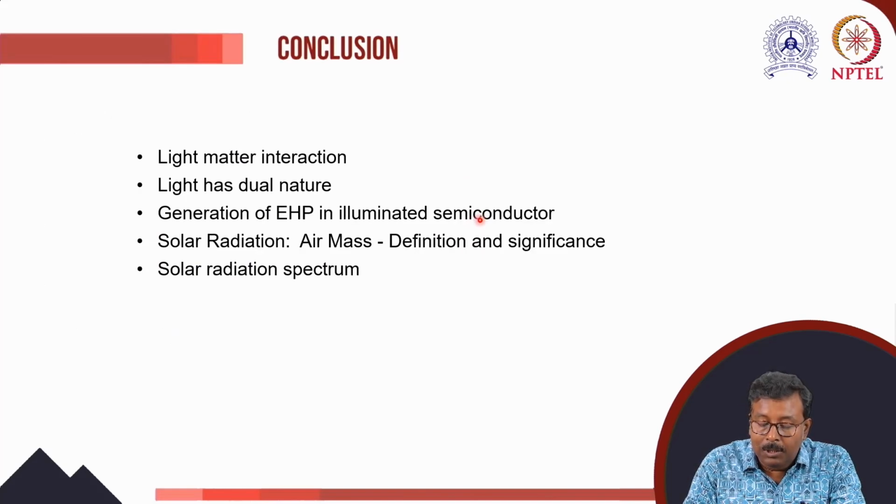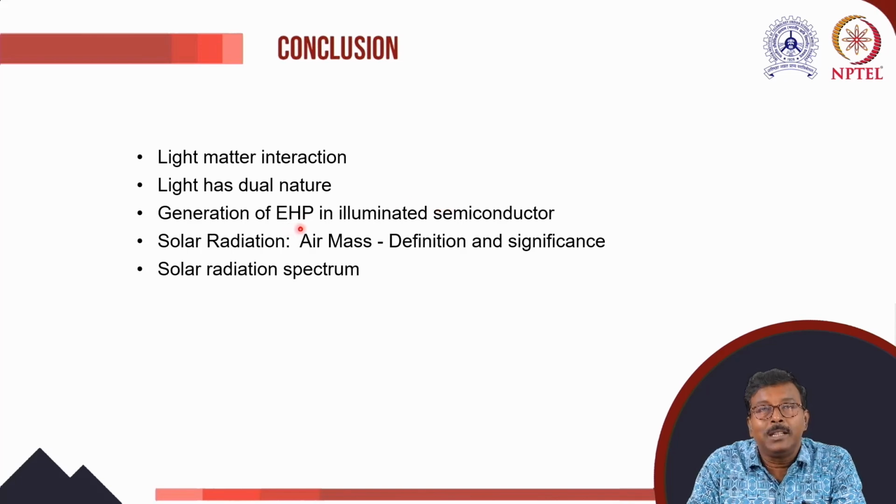So ultimately in this class we have discussed light matter interaction and the dual nature of light, particle as well as wave nature. We have discussed generation of electron hole pairs in an illuminated semiconductor. We have discussed all the cases. If h nu is less than band gap, it is transmitted through the material. If h nu is equal to band gap, electron hole pairs are generated without extra kinetic energy, that is, from valence band maxima to conduction band minima.